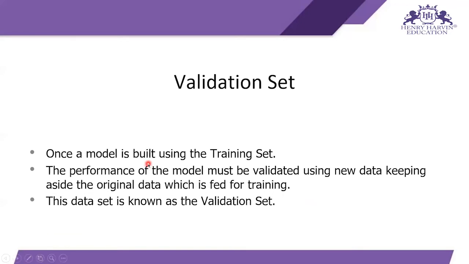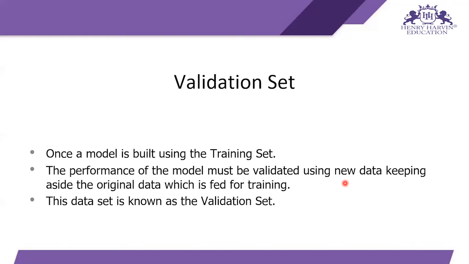So next comes the validation set. Once a model is built using the training set, the performance of the model must be validated using new data, keeping aside the original data which is fed for the training. Let's say you have 10,000 rows. You take 70% of the data for the training set and 30% for the testing set.